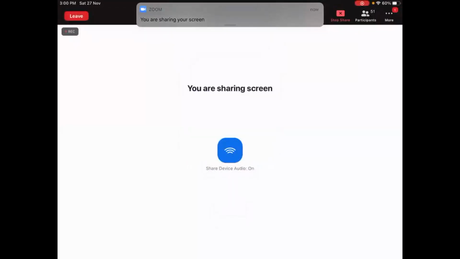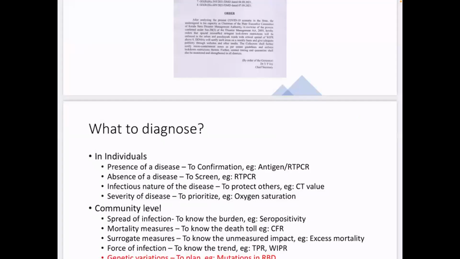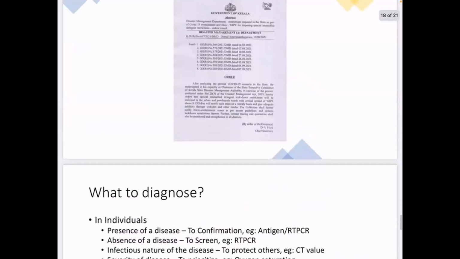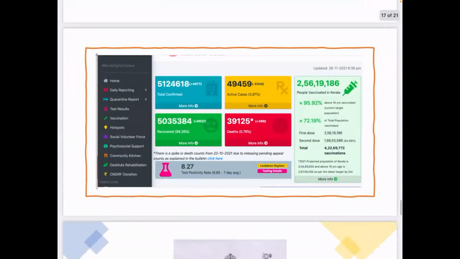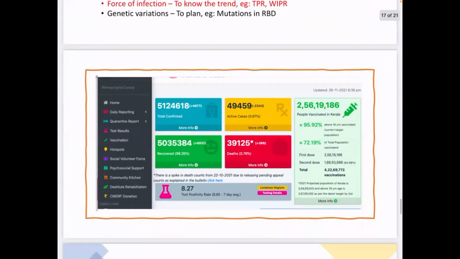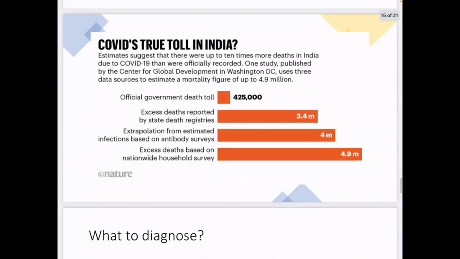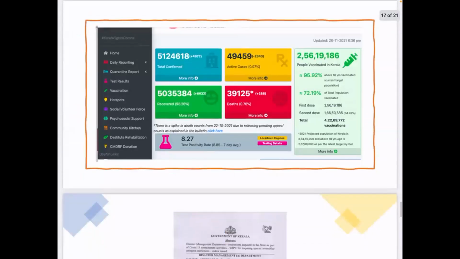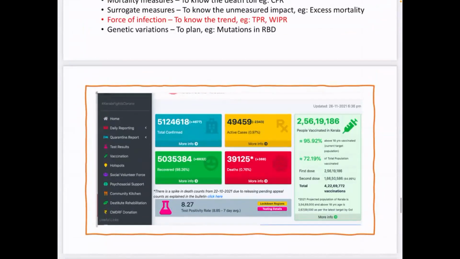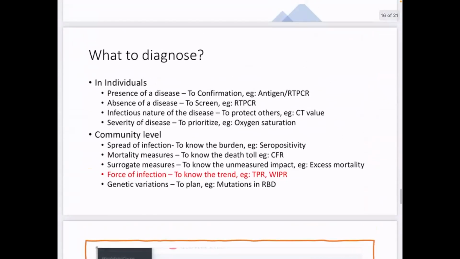Am I audible now? Yes, sir. Okay, sorry. Okay, can you see my slides? Yes, sir. Where it was? Till which slide you were able to see? We finished this one? 16, sir. Slide number 16, sir. Okay, this one. Yes, sir.